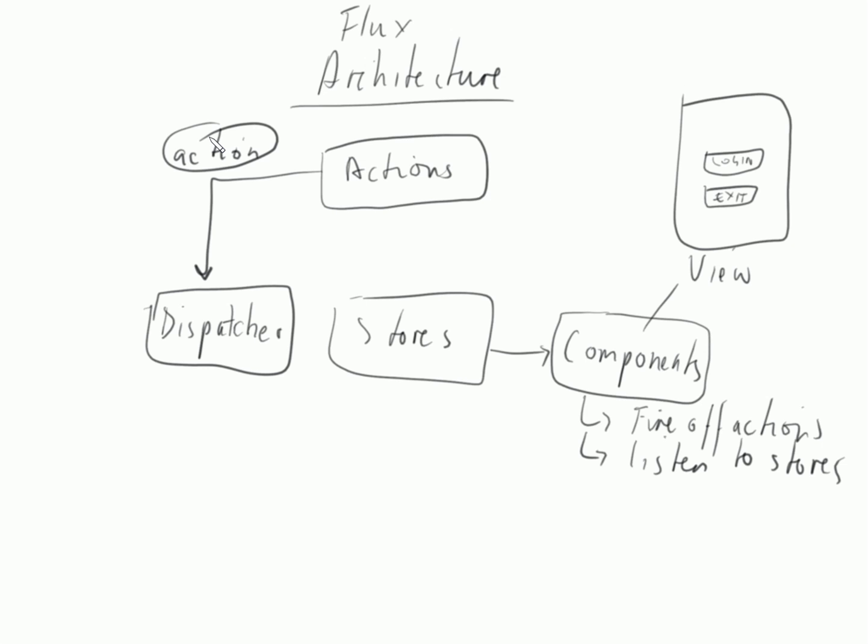So then our dispatcher here, this is a pub sub object. What this basically means is a pattern for handling events.